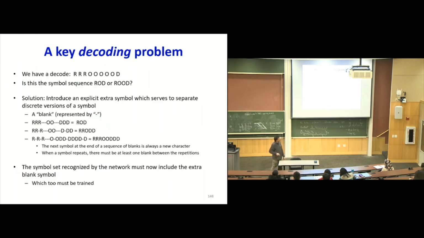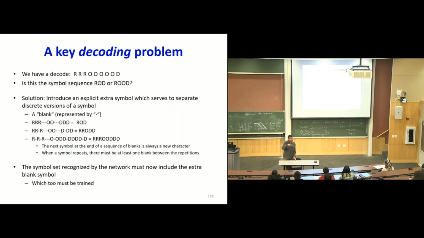So what we are going to do is introduce an extra symbol, which we will call a blank, who has only one job in life. The blank doesn't really have an existence of its own. Its only job is to separate repetitions of symbols. Basically, when I take an alignment, I can compress it to the compressed sequence. I compress all the repetitions of the sequence.